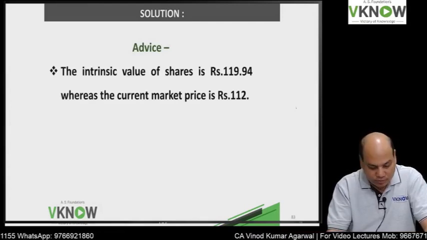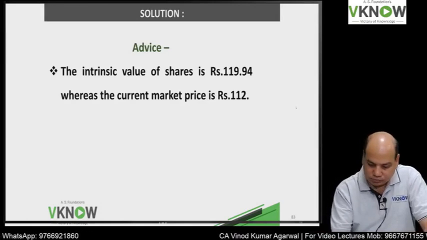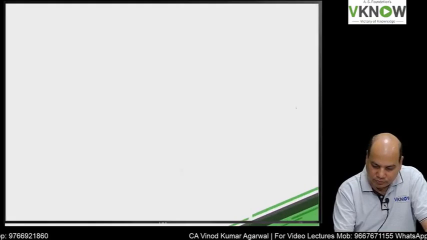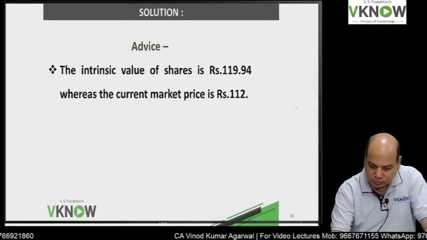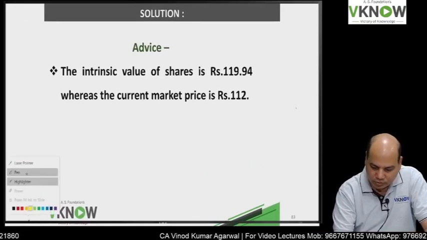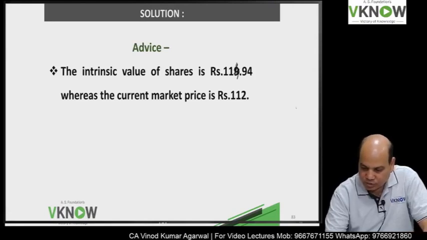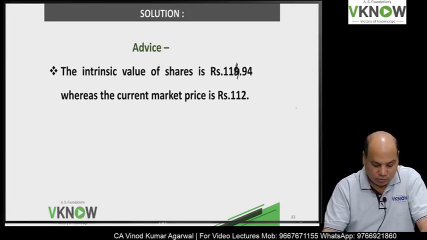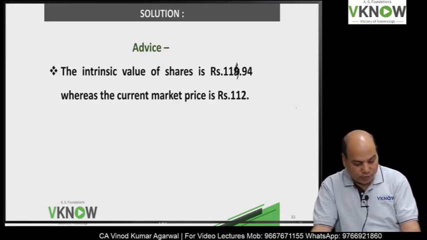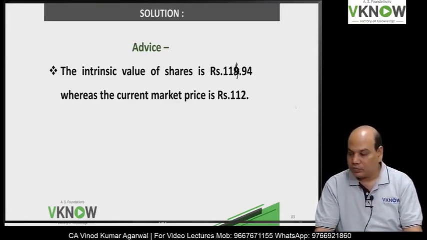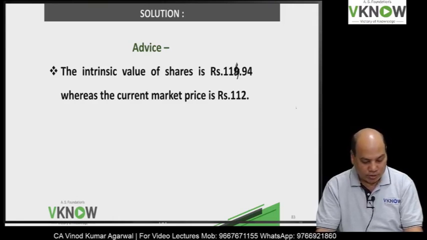Yes, you have some query? Write down advice. That is a mistake. This is 114.94. Right, 114.94. Everybody is saying buy the share because it is undervalued. Write down the note and then conclude the answer.